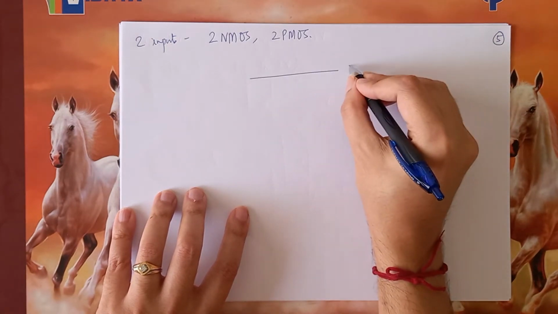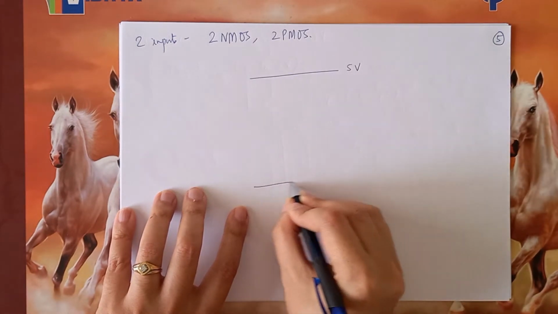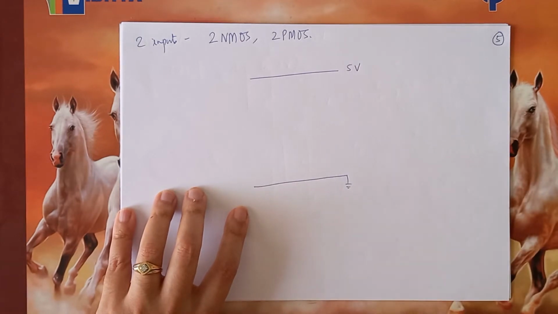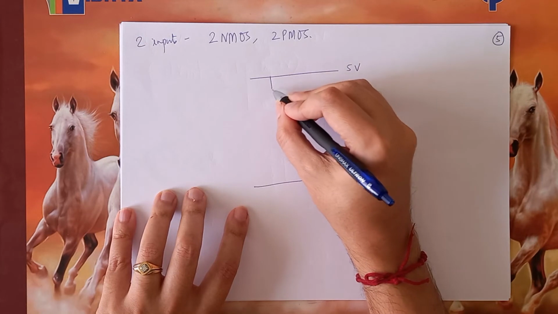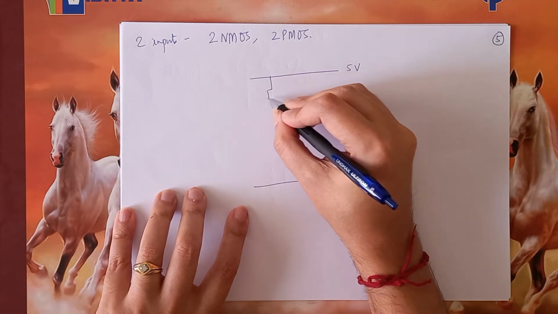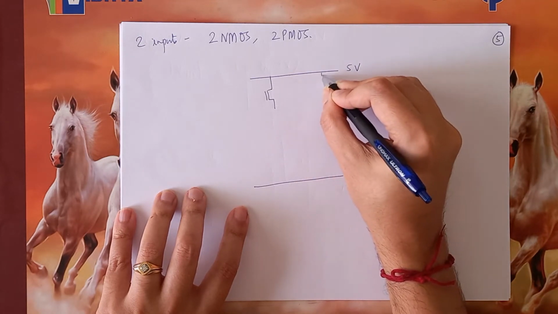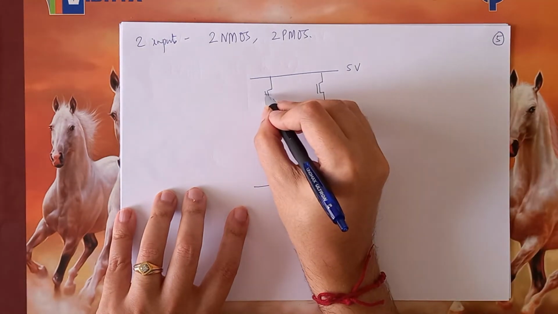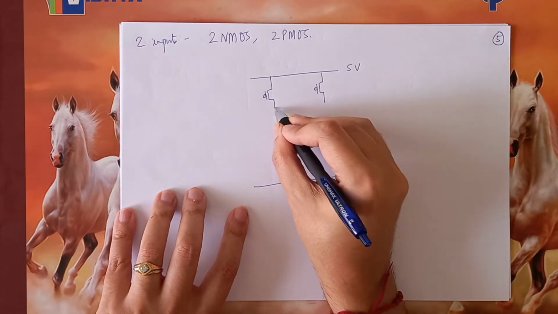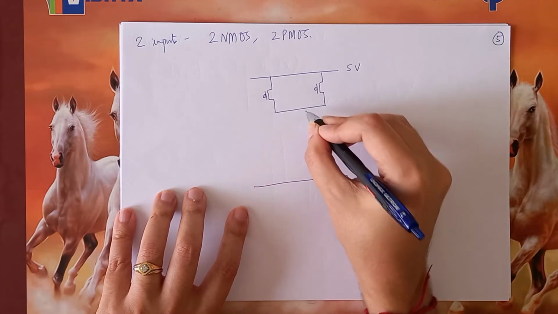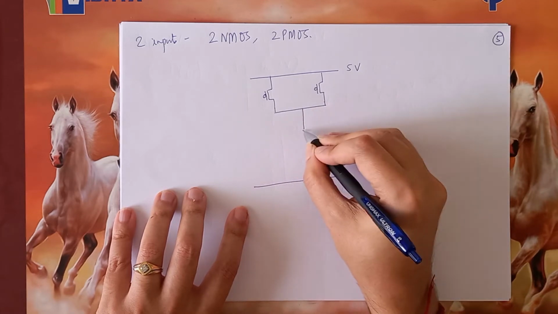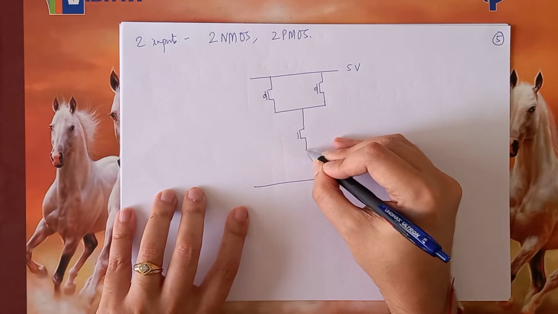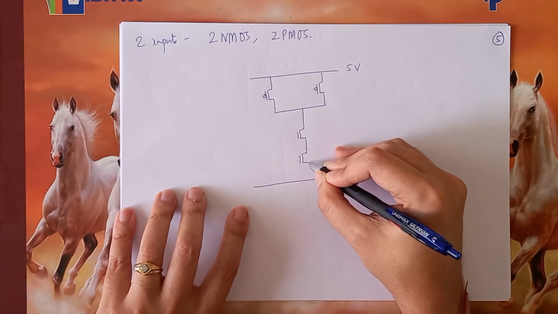Again, let us say this is my 5 volt line and this is the ground line. Then I have two transistors in parallel and these two are PMOSs, and I have two transistors in series which are NMOSs.